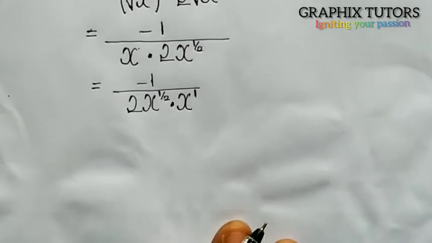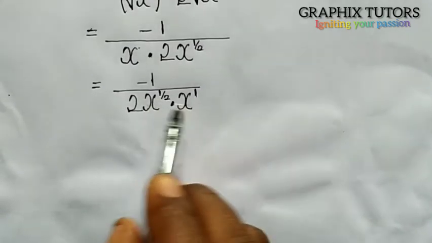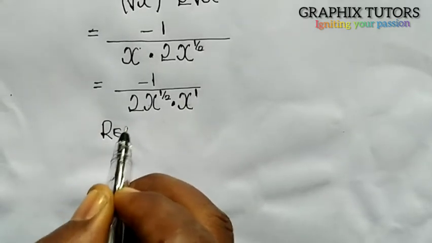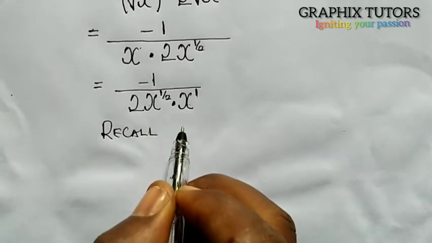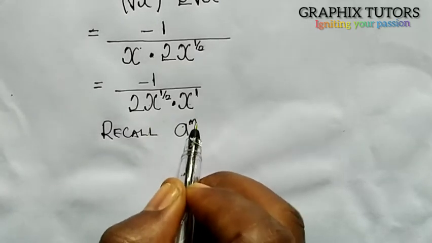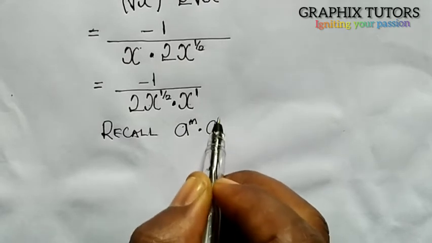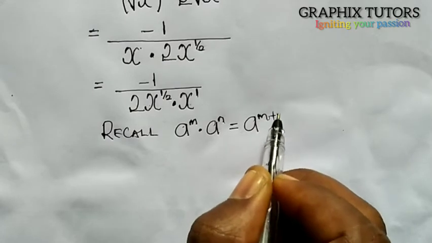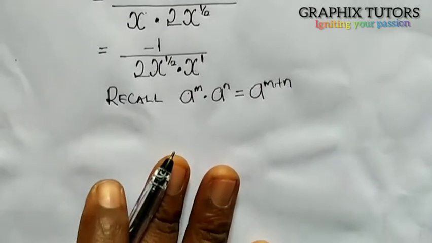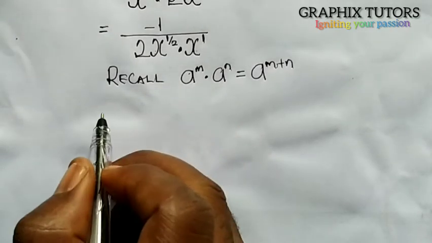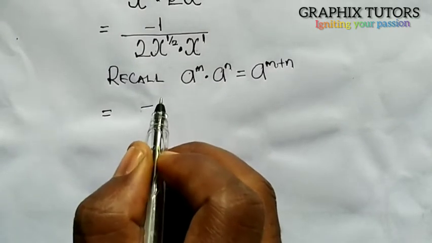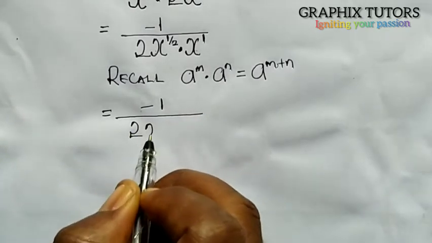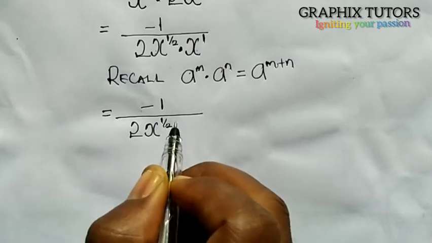So now if you look at this, since the bases are the same, recall we know in our indices that when you have a to the power of m multiplied by a to the power of n, since they have the same base, you are going to add the powers, right? So that is what I'm going to apply there, and this will now give me minus 1 all over 2x to the power of 1 over 2 plus 1.